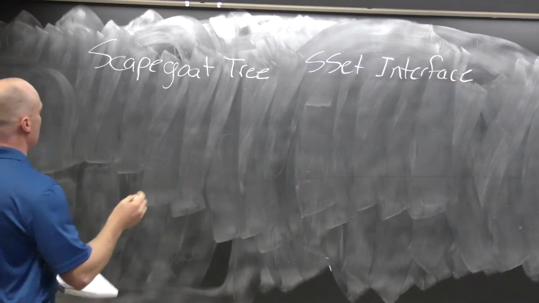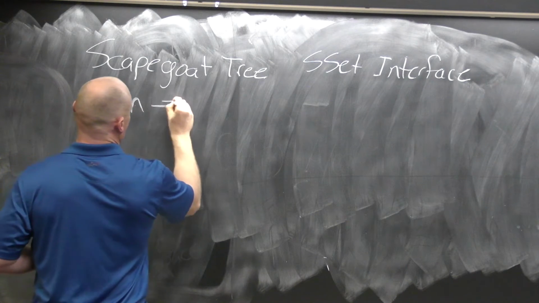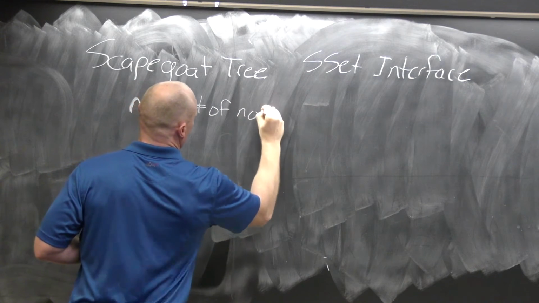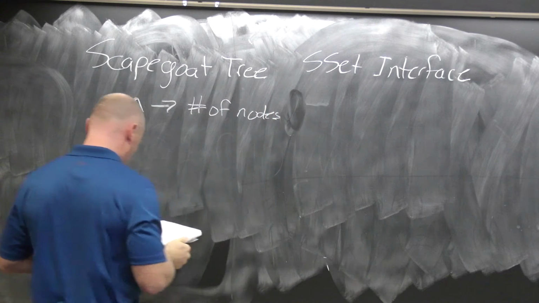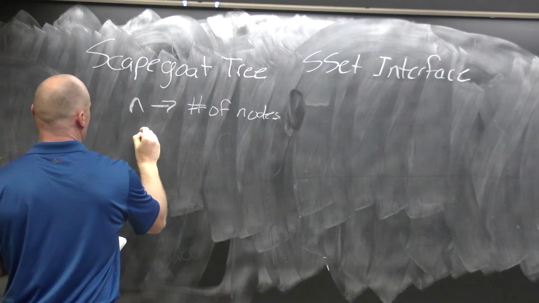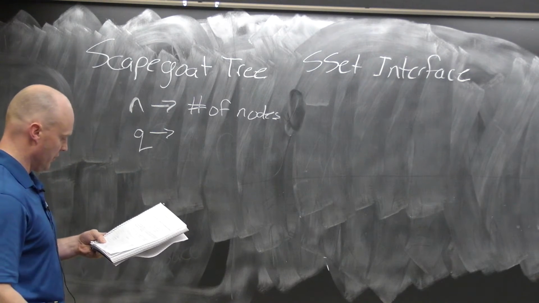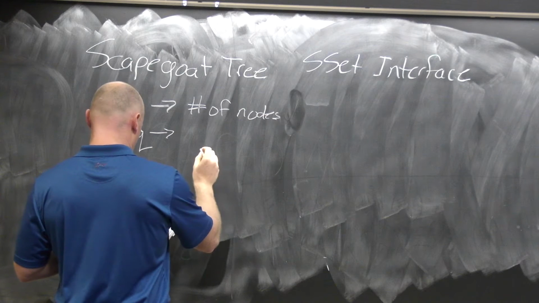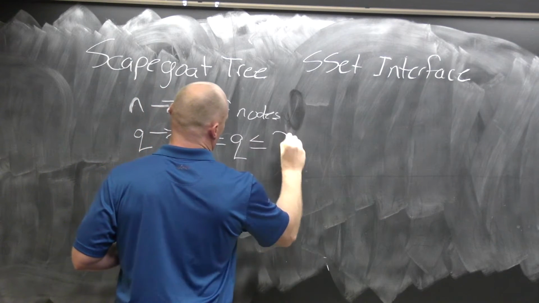So what we're going to do for a scapegoat tree is have a value n that we keep track of, the number of nodes in the tree. We're also going to have a value q that we keep track of. Now q makes sure that the tree never gets too big or too small, and it is going to be at least n and at most 2n.